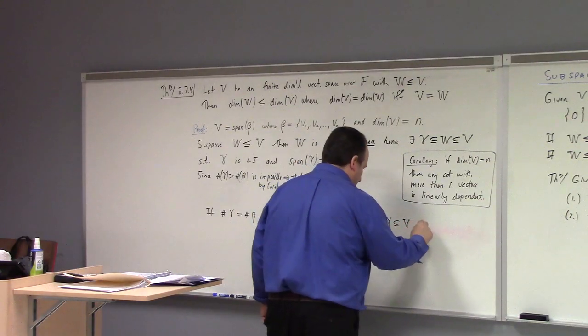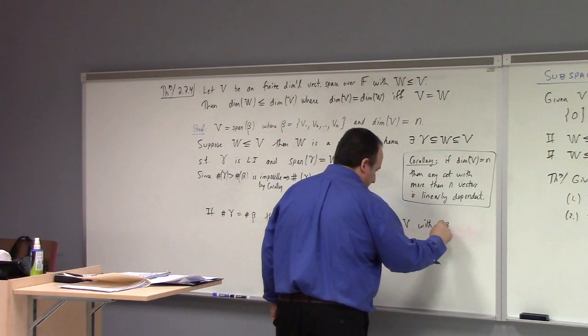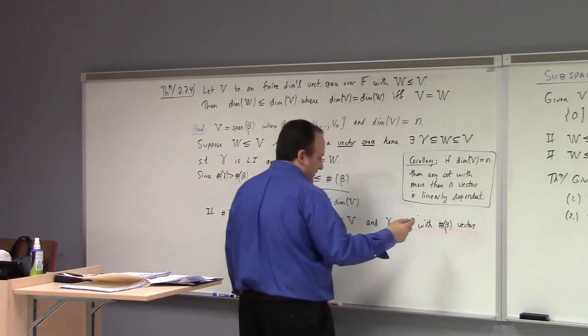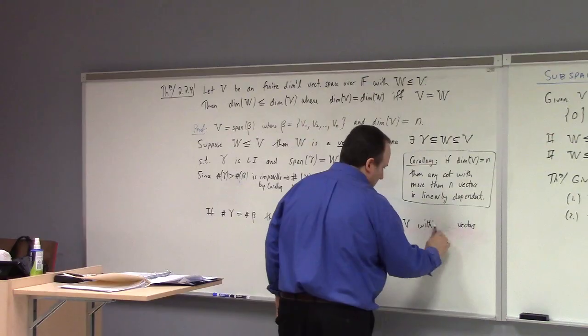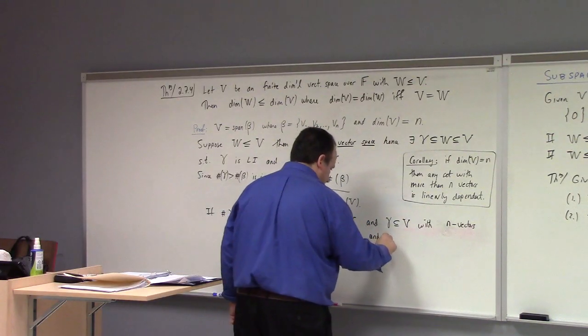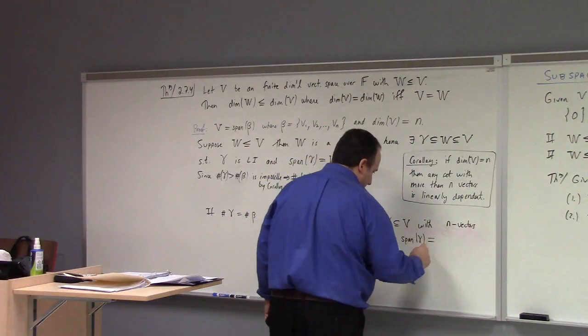Which is with number of beta vectors, right? We could say n. And thus, the span of gamma has to be what?